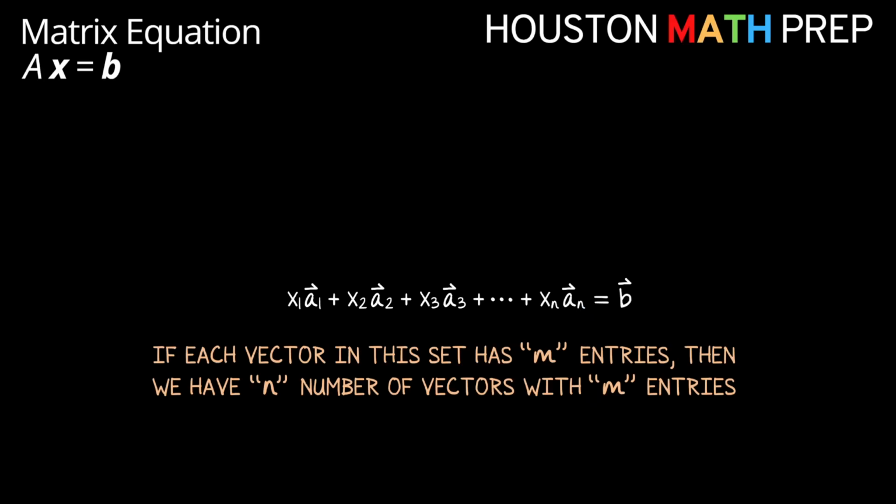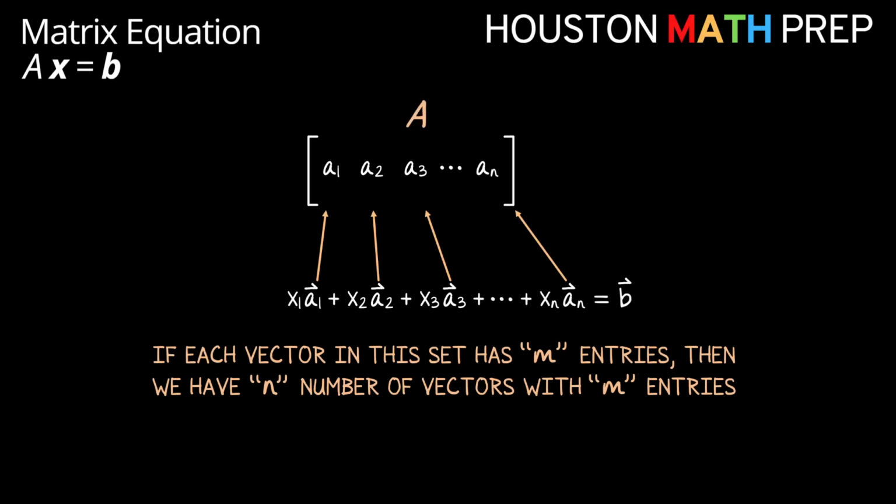We're going to start showing you how we can think of this equation in a matrix form. So first, imagine that we take all of the vectors on the left side of the equation here, all of my A vectors, A1, A2, etc., and we make a matrix out of them, keeping them in order, where each vector is a column of this matrix. So my n vectors are now the columns for this matrix here.